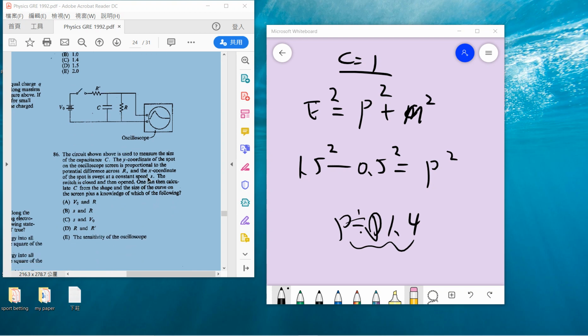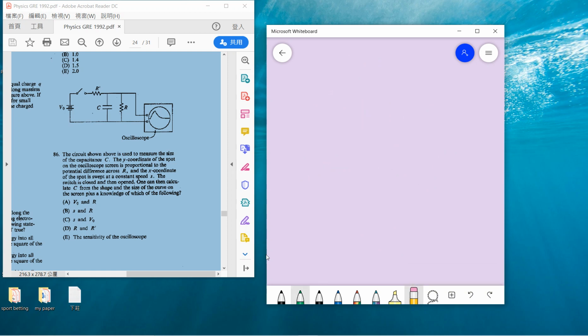86 says you can read the question by yourself. Basically, the switch is closed and then opened, and the quantity we want to calculate is C. How can we calculate it? This is an RC circuit. When you close it, it will charge. When it opens, it will start to dissipate the charge Q into the system.